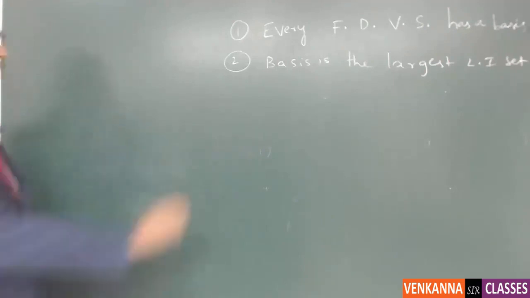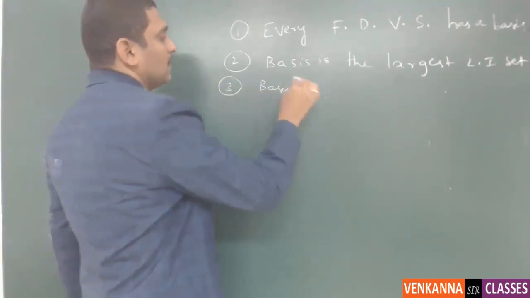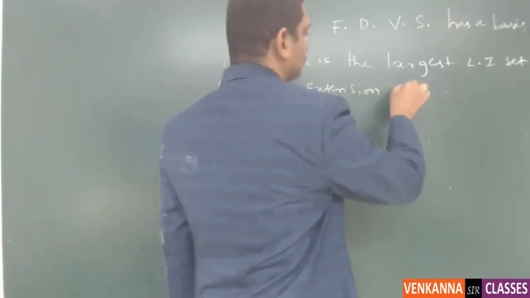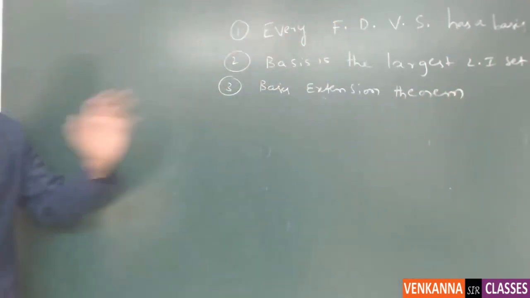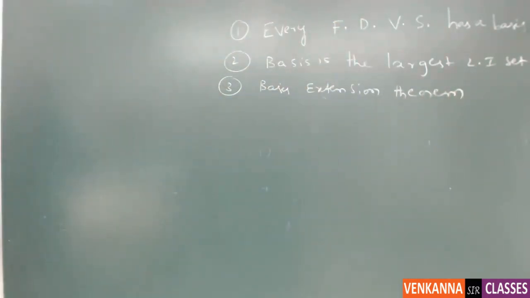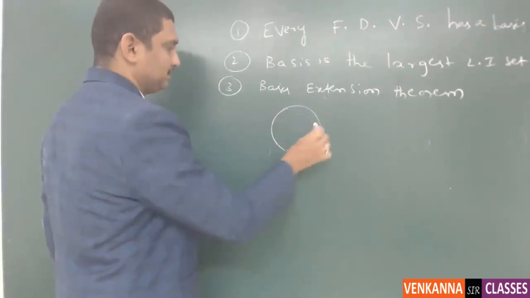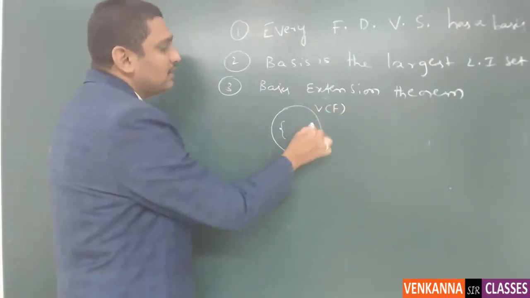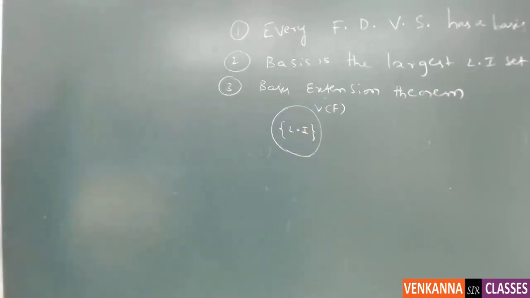The third point is what we call the basis extension theorem. So what it says: you take a vector space and you take a subset in it which is linearly independent.